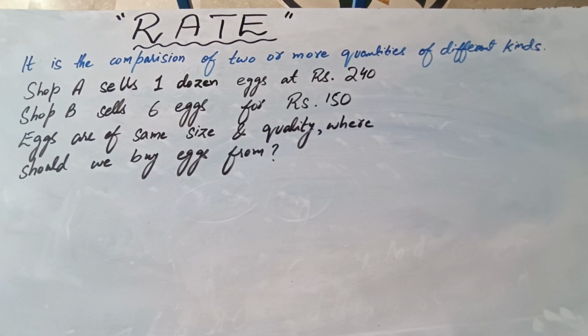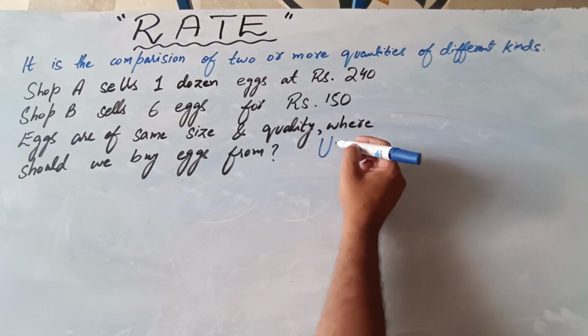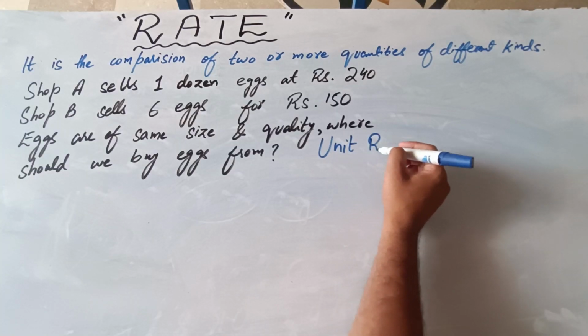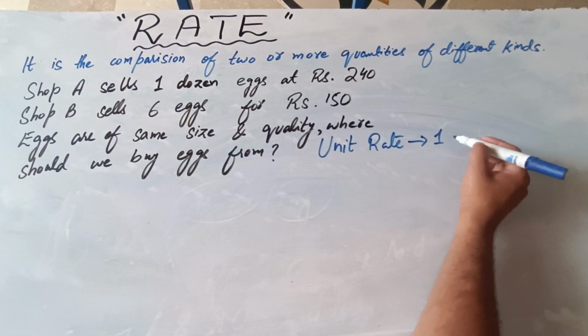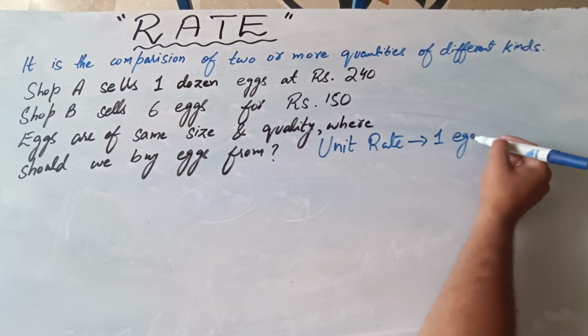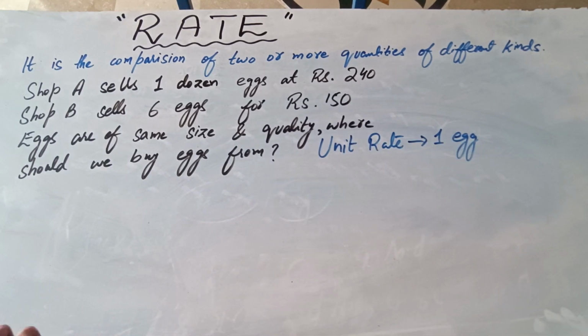How to find out? We will find out unit rate in this case. Unit rate. Unit means if we find out the rate of one egg, means one of any product, that is called unit rate. So if we know the unit rate of the egg, means one egg is of how much rupees, then we can easily compare from which shop we need to buy eggs.